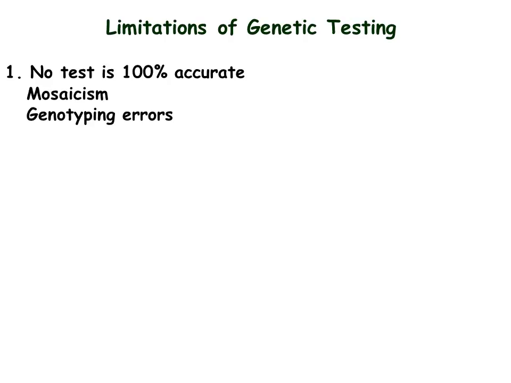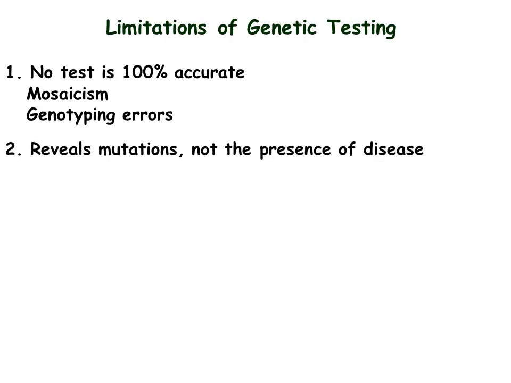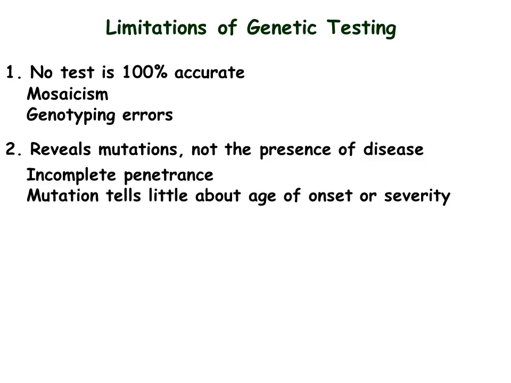Now, before I finish this lecture, I should warn you that there are limitations to genetic testing. No test is 100% accurate. And that's because there are mosaicisms, and there can be genotyping errors in the laboratory. Just because someone has a mutation, as we found out in an earlier case study, it doesn't necessarily mean that there's going to be disease: reduced penetrance, things like that.